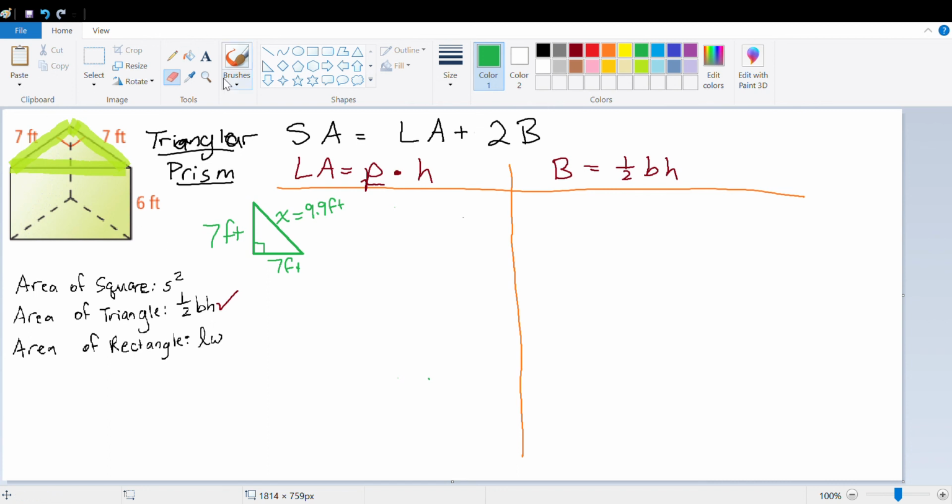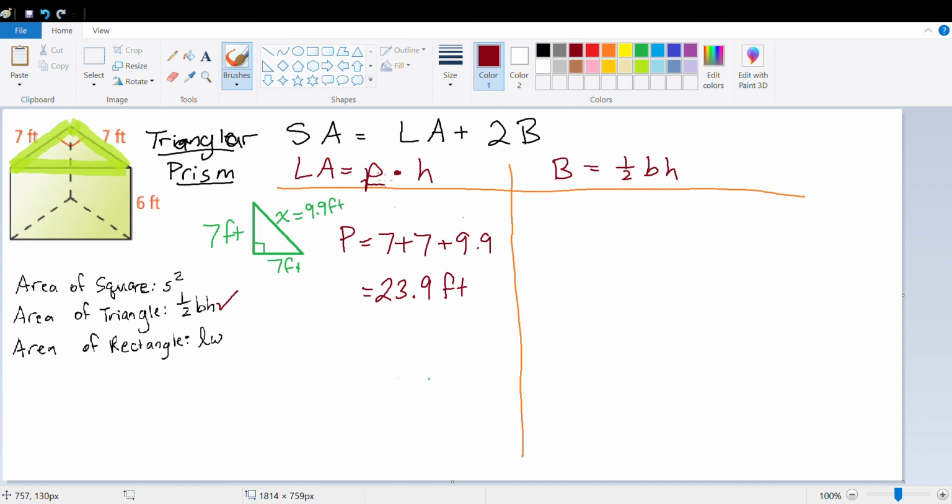Okay, so now we can go ahead and find our perimeter. We're just going to add all the sides of this triangle. So we're adding 7 plus 7 plus 9.9, and if we add all of them together, we're going to get 23.9 feet.